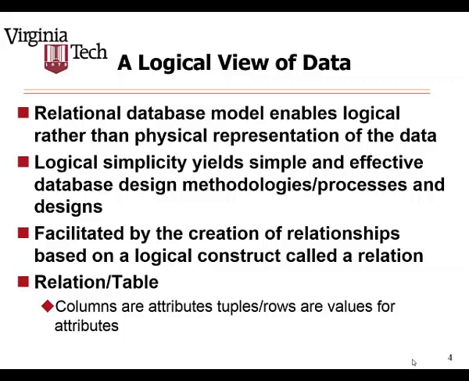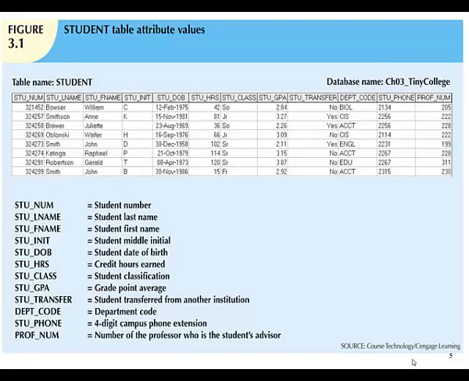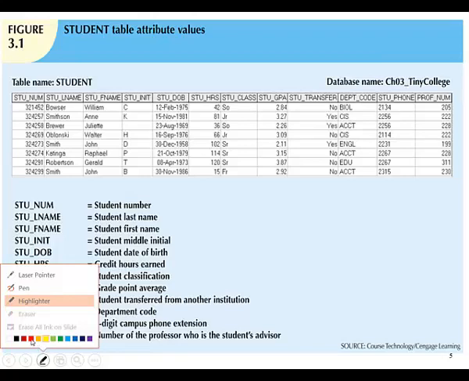Well, the relation is the key idea, and so a relation is this set of columns that are attributes, and there's a set of rows that are values for attributes. So here we have a little example. We have this relation, we call it a table here, but we could just as easily call it a relation.